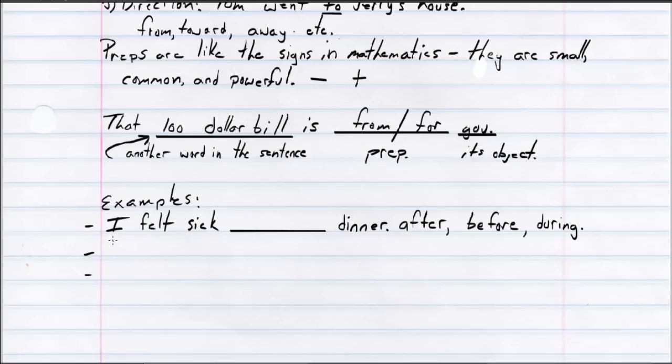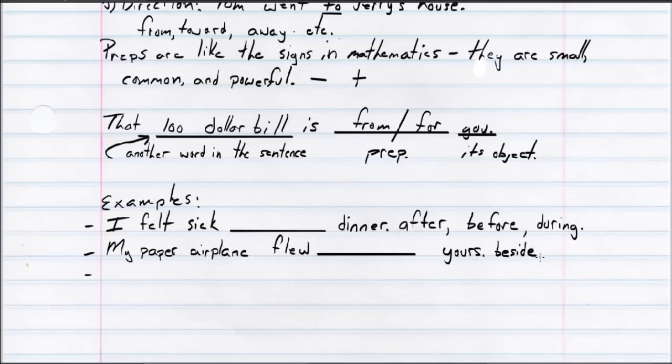All right, let me give you another sentence here. My paper airplane flew, and then put down a line. Yours. So I'll give you an example here. My favorite paper airplane flew beside is the one I'll choose.